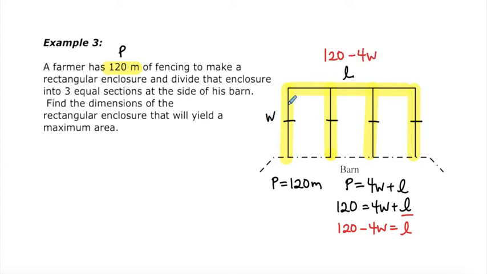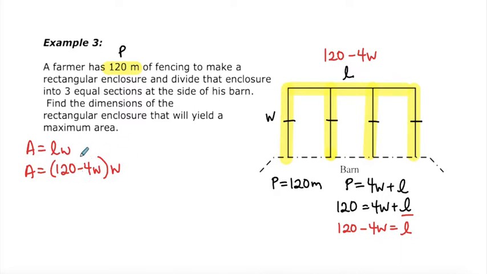So now I can write an equation for the area of this rectangle using just W's. Normally the area of a rectangle is length times width, but I don't want to use 2 different variables. So I'm just going to use my length, which is 120 minus 4W, times my width, which is just W. So now I have an equation that just uses W.